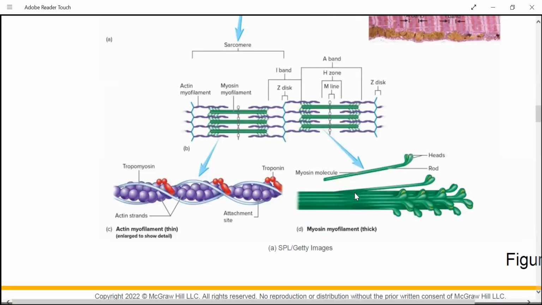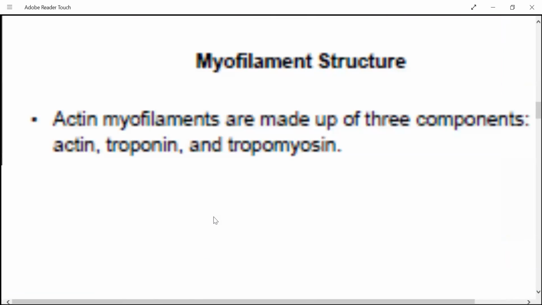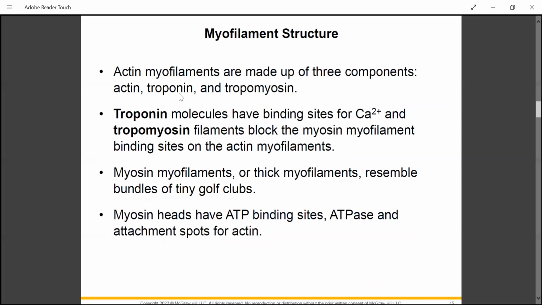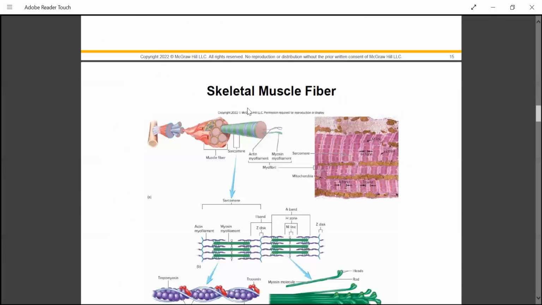Here's our myosin molecule. You have the golf club shape where the head can grab on. In the actin, what happens is calcium is released. Let me zoom back up for a second. Troponin molecules have binding sites for calcium.